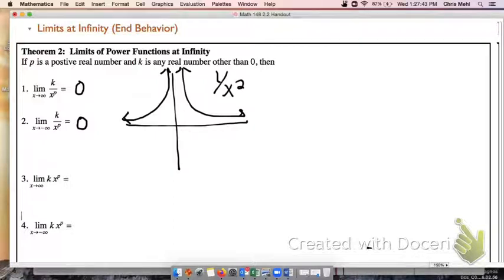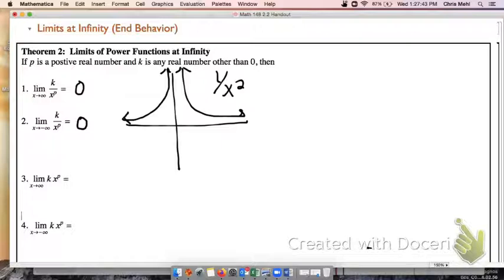You'll notice that whether x approaches infinity or minus infinity, y equals 0 is a horizontal asymptote. And the k in the numerator is possibly doing a reflection or a vertical scaling, and that's not going to really change the shape.